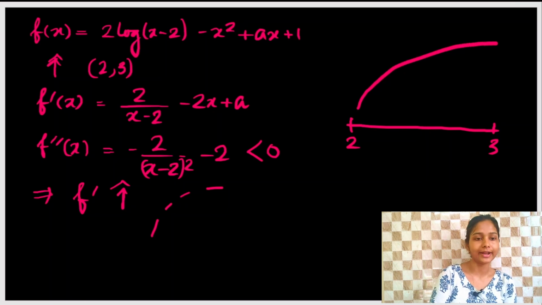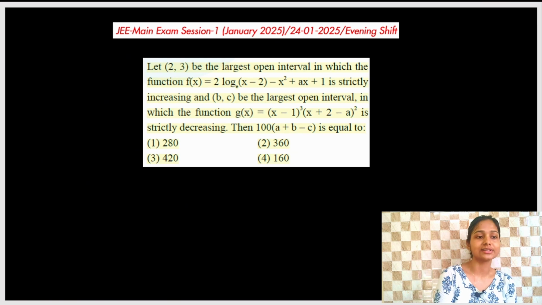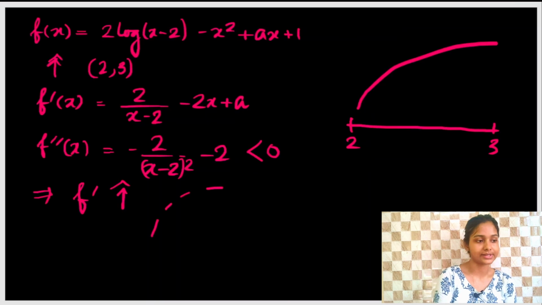Before 2 it is not defined, and till 3 this function is strictly increasing, and the question suggests that (2, 3) is the largest open interval in which the function is strictly increasing.